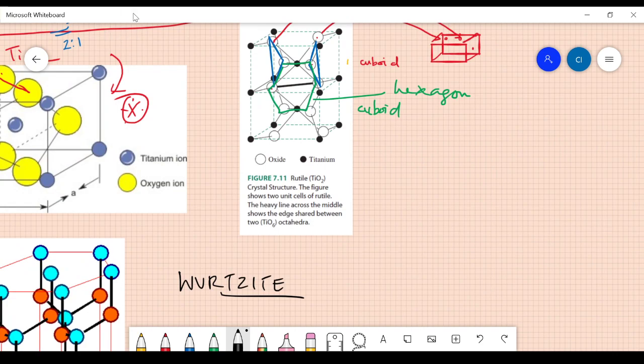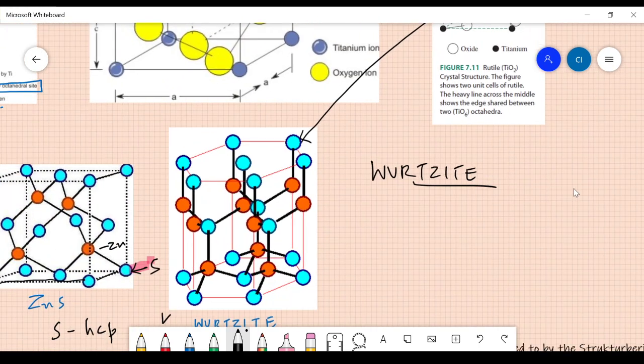We place two cuboids there, one cuboid here, another cuboid. Cuboid 1, cuboid 2. And these two cuboids, the center can make a hexagon there, right? This hexagon which I have drawn is also what you get when you arrange them in such a pattern. So here you have this hexagon.